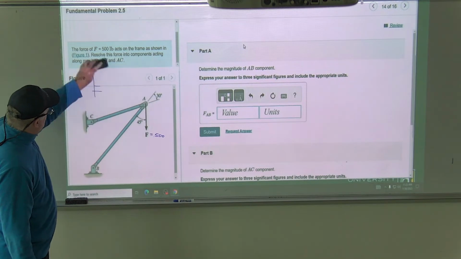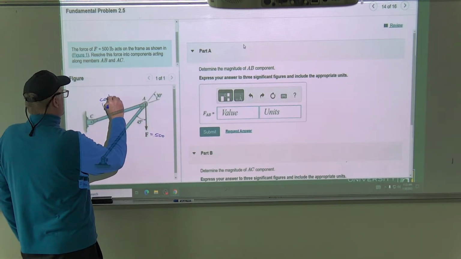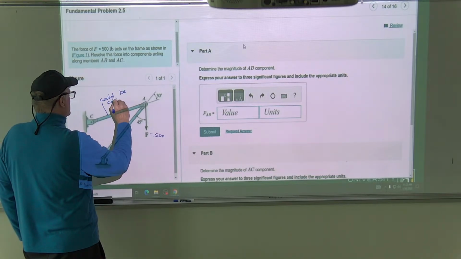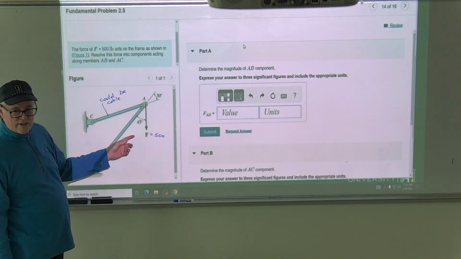So in essence, this is the same thing. This could be a cable. Now we'll get more and deeper into these concepts.